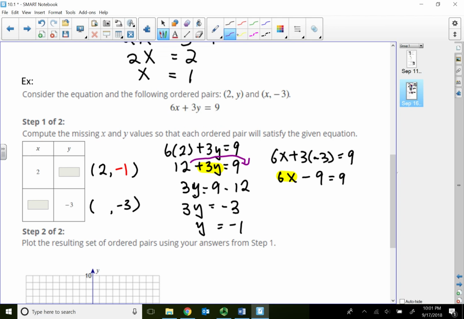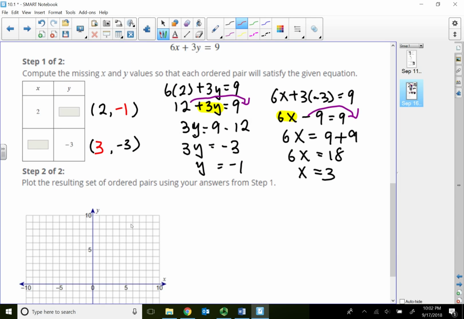We can move -9 to the other side, which will become positive. So 6x equal to 9 plus 9, so that will be 6x equal to 18. Divide both sides by 6, x equals 3.